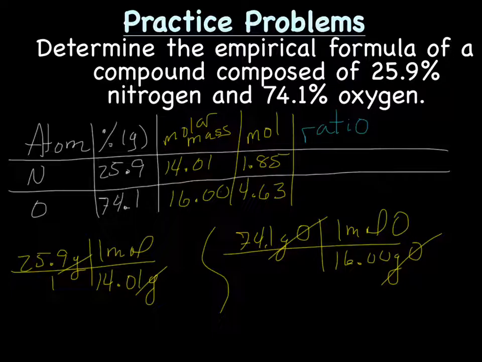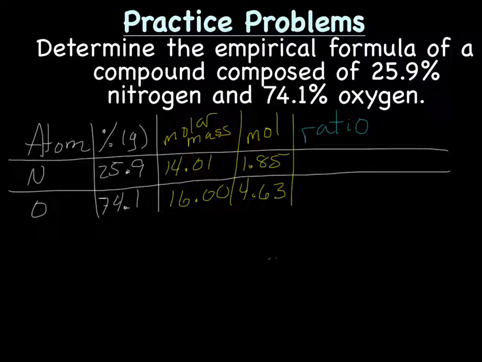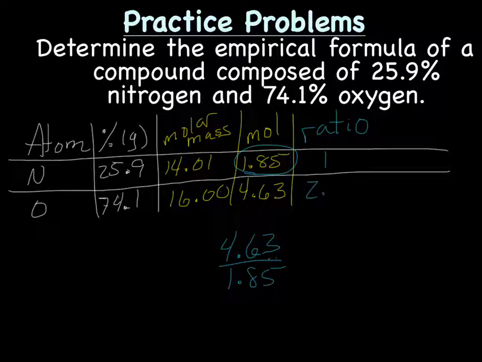All right, let me clean this up a little bit before I get onto the ratios. So remember, now we look and find the lowest mole, which in this case is the nitrogen. So we're going to divide both moles by the lowest, so 1.85 divided by 1.85 is 1, and 4.63 divided by 1.85 is 2.5.